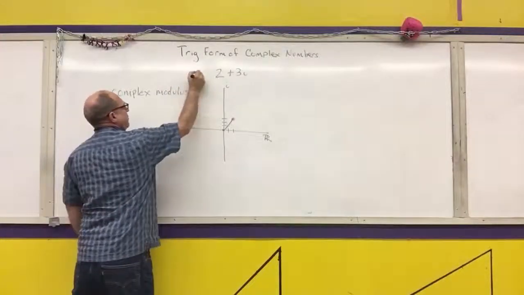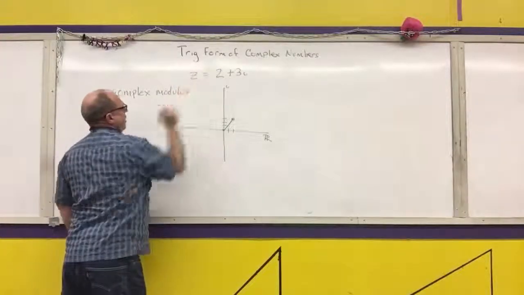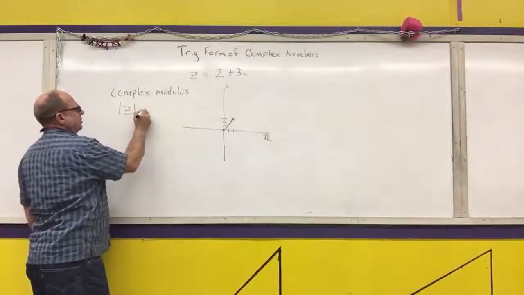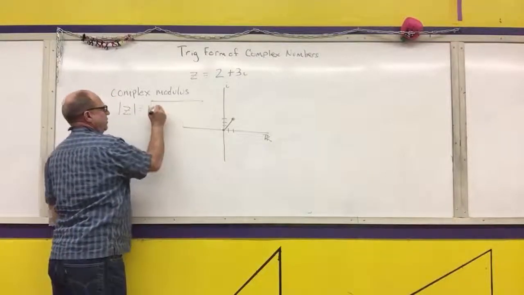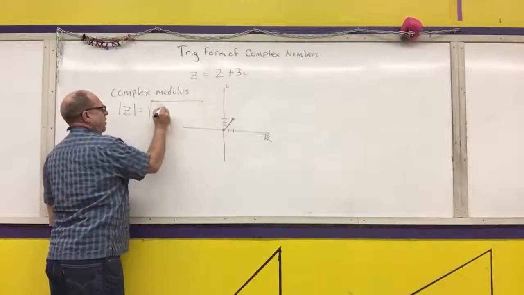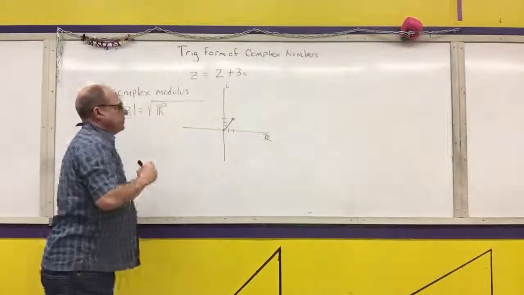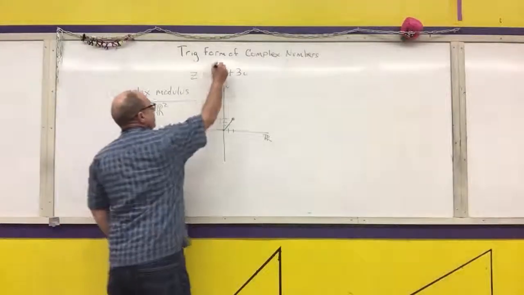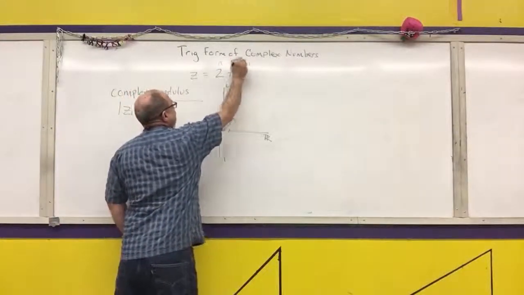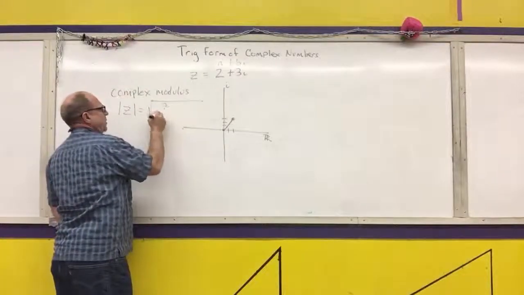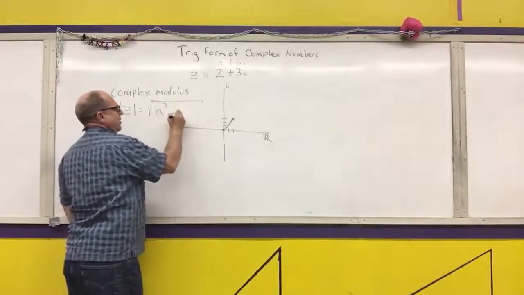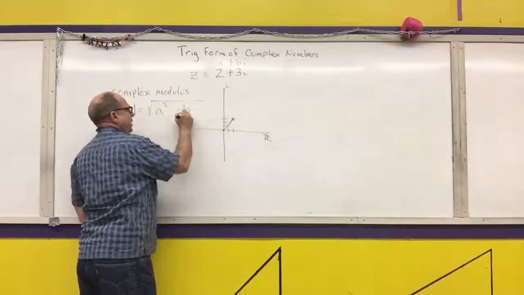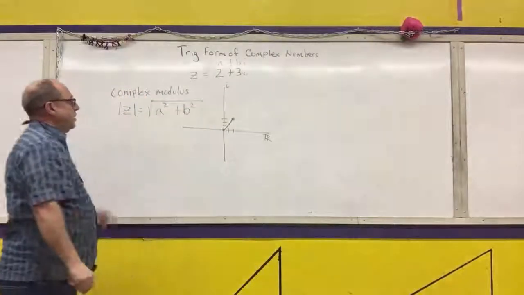I'm going to say z is that complex number, and the complex modulus is the square root of the real part squared plus the real number that we multiply by the imaginary part squared, so that's a plus bi.